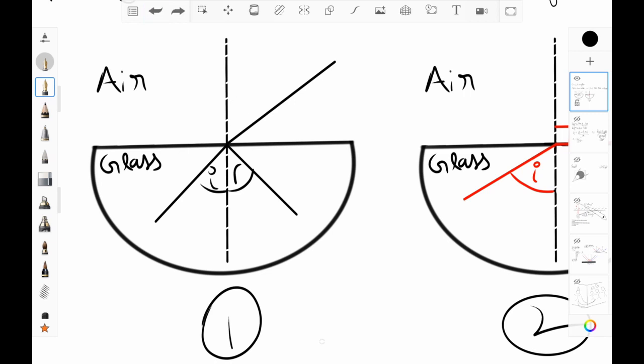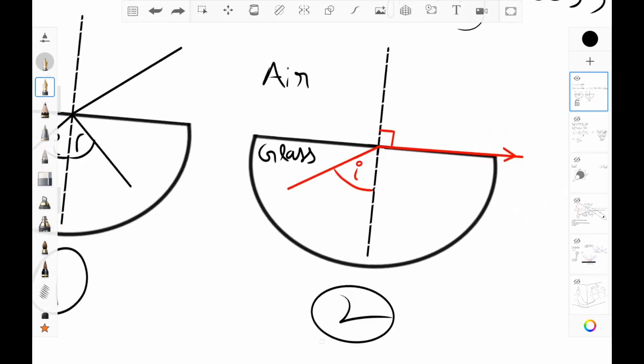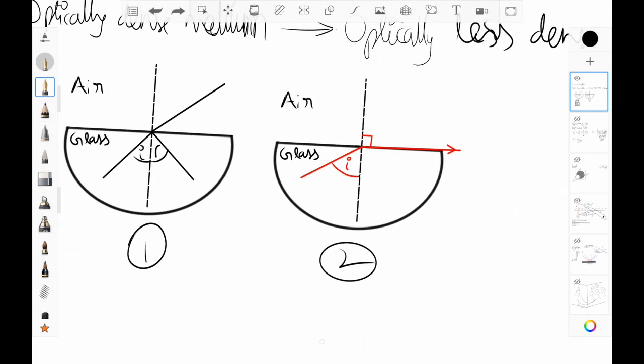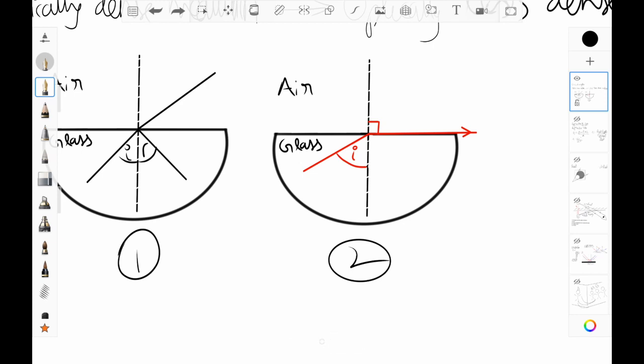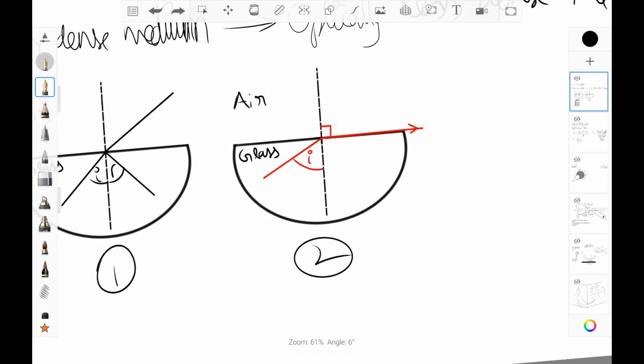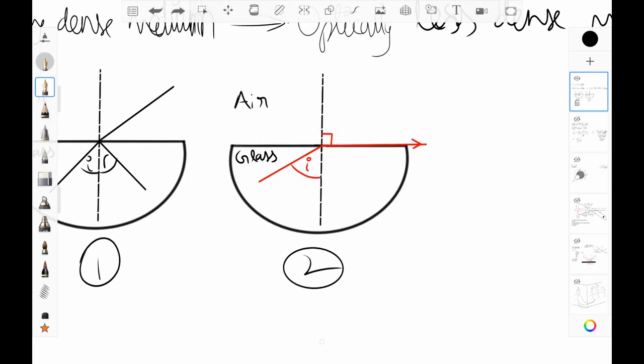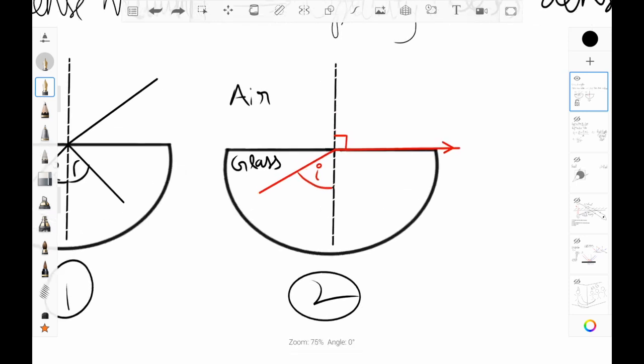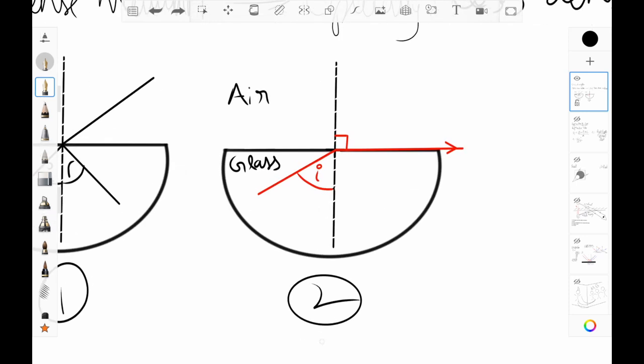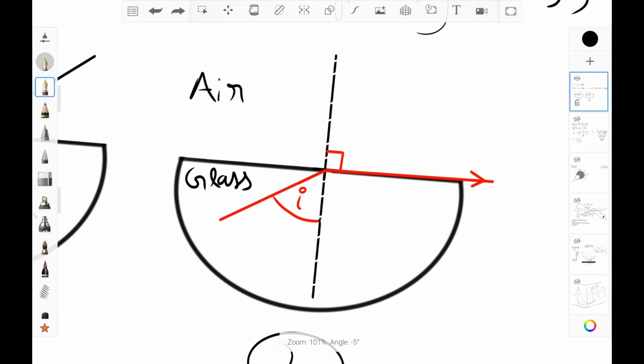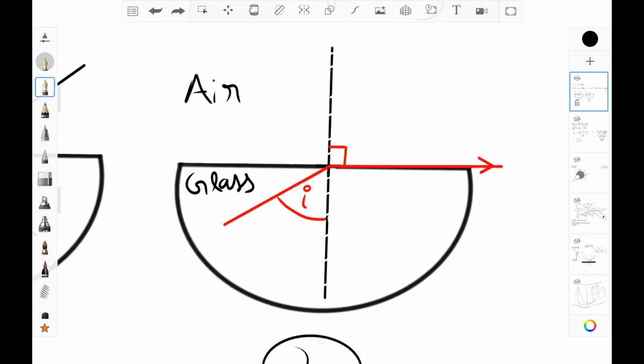And eventually you'll reach a point where the incident angle is so big, which you can see in diagram 2, that all of the light will be refracted, such that the refracted angle is 90 degrees against the normal. And this is known as the critical angle.